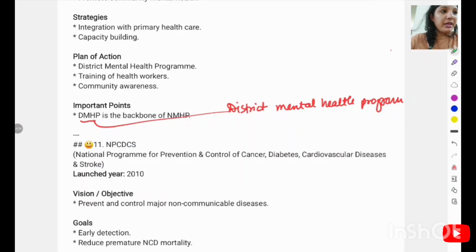Integration with primary healthcare, so we can give it at all health levels. Capacity building. And what is the plan of action? District Mental Health Program launch, training of health workers, community awareness. Important point is that DMHP is the backbone of the NMHP because it is the District Mental Health Program.